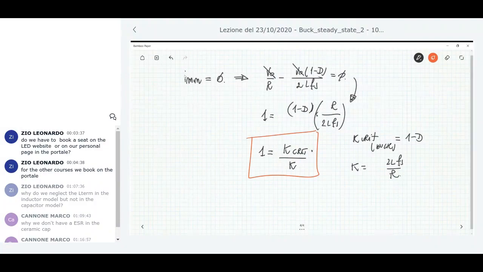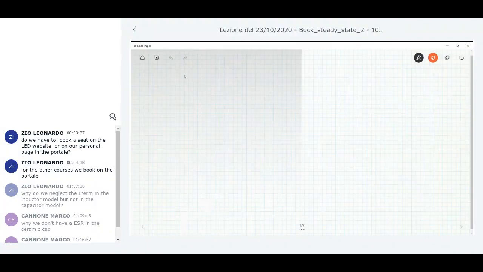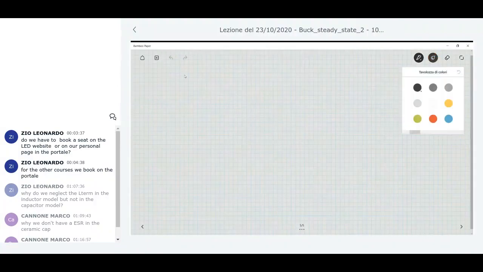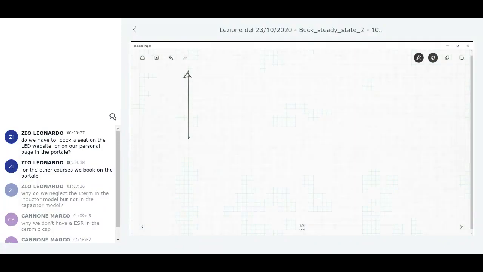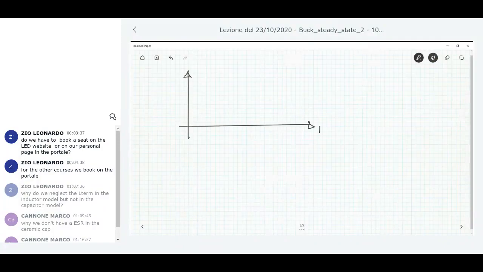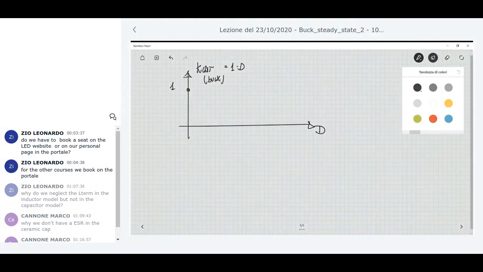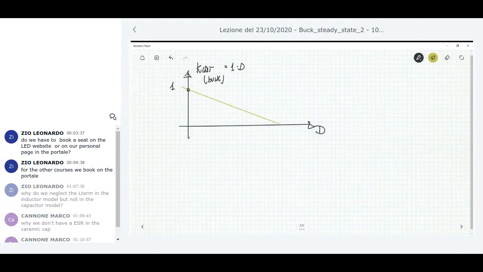Let's plot K critical of the buck versus the duty cycle. K critical for the buck is 1 minus D, so it means that we have 1 here when the duty cycle is null, and then we have 0 when the duty cycle is 1.